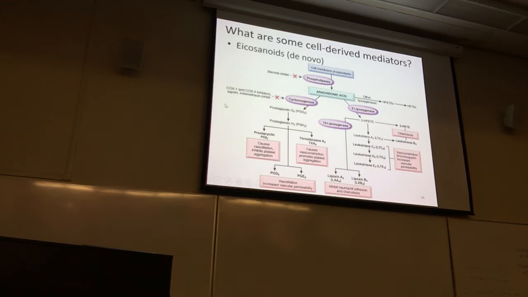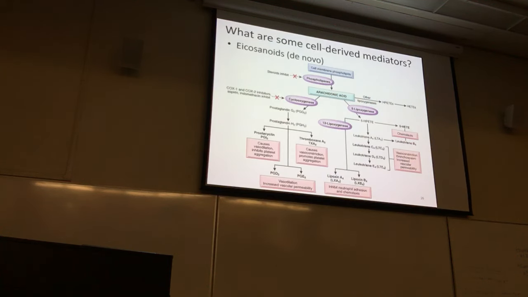They're essentially fatty acids. And we've got 4 main categories that we're going to look at. Prostaglandins, prostacyclines, thromboxanes, and leukotrienes. So all four of those are types of eicosanoids that are manufactured.